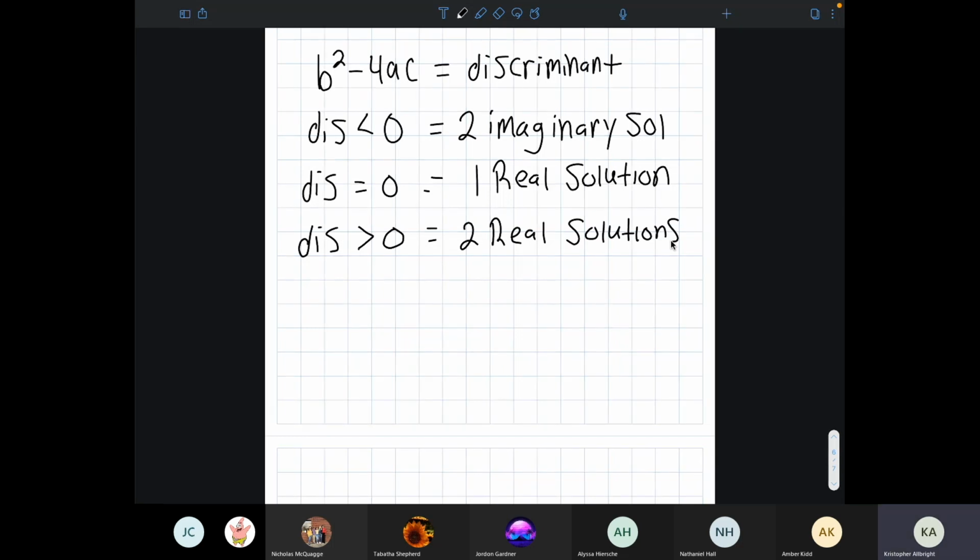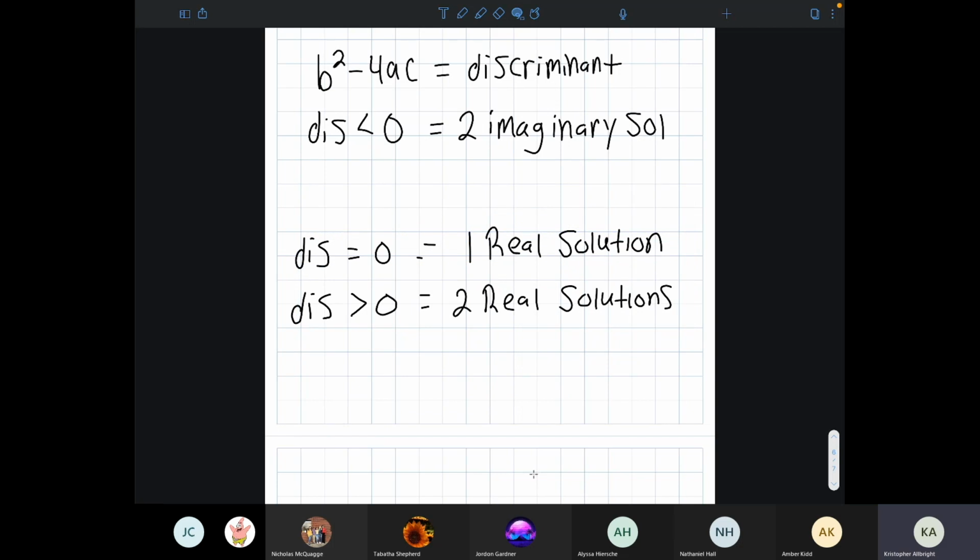So this is just some analysis we can do without even working the quadratic formula. We can just look at the quadratic, plug it into this little thing, and then all of a sudden we know a lot about our answer. We know what it's going to look like generally. Knowing this can tell us if it crosses the x-intercepts. So if we have two imaginary solutions, we also know that there are 0 x-intercepts.